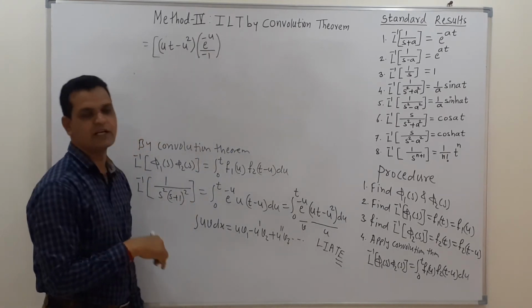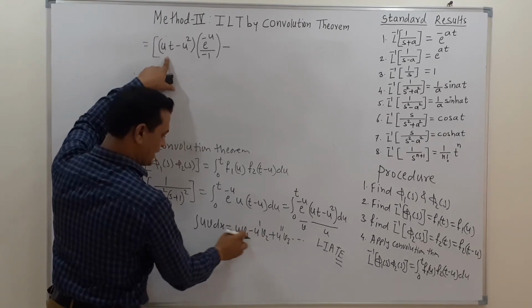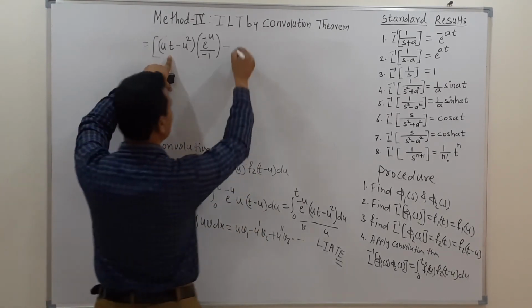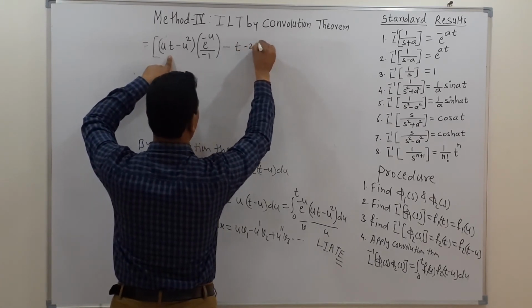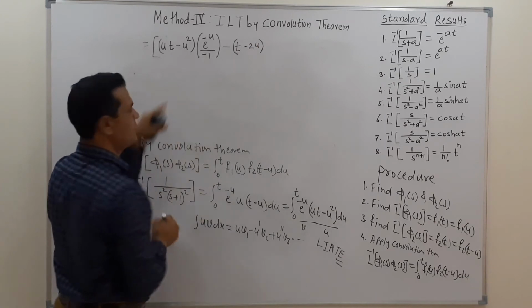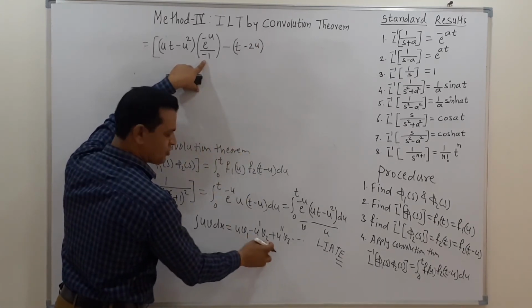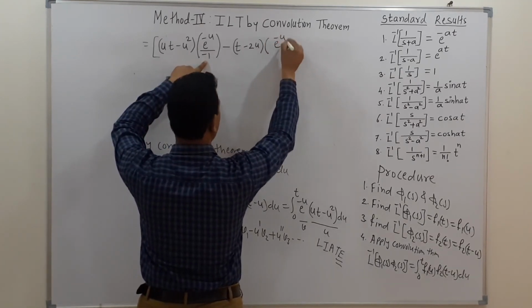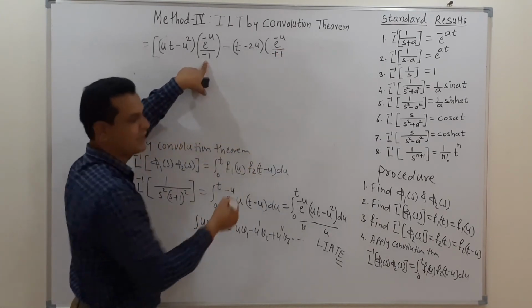First function into integration of second, minus derivative of this function. The derivative of u is u dash. So derivative of this function with respect to u is t minus 2u, into once again v2. v2 means integration of v1 here. So its integration is e raised to minus u upon minus, becoming plus 1.